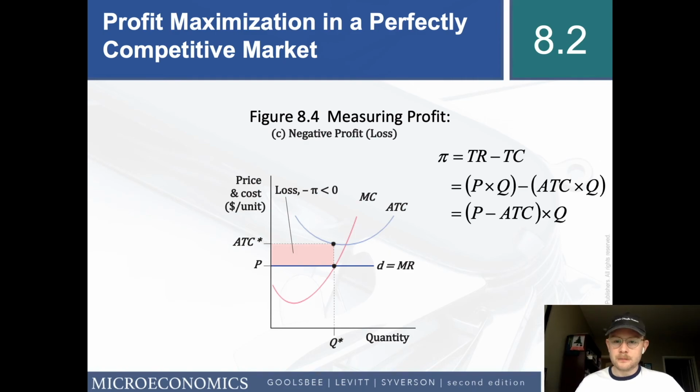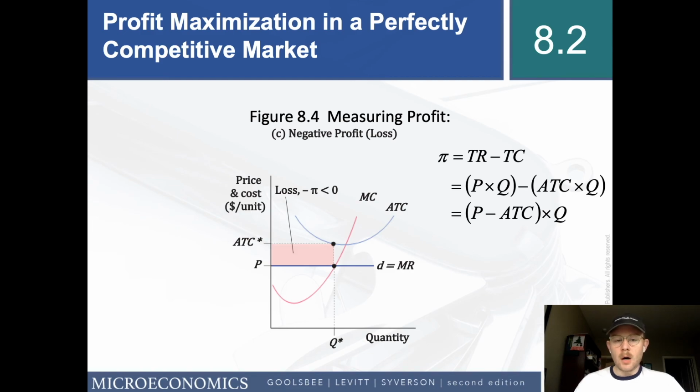The formula for profit then is just total revenue minus total costs. Pretty simple idea. This is almost an accounting idea. You have the amount that you bring in revenue subtracted by the amount that you're giving out in costs.